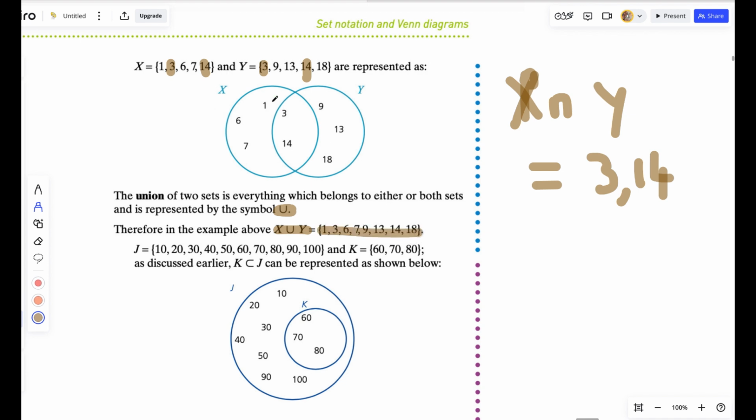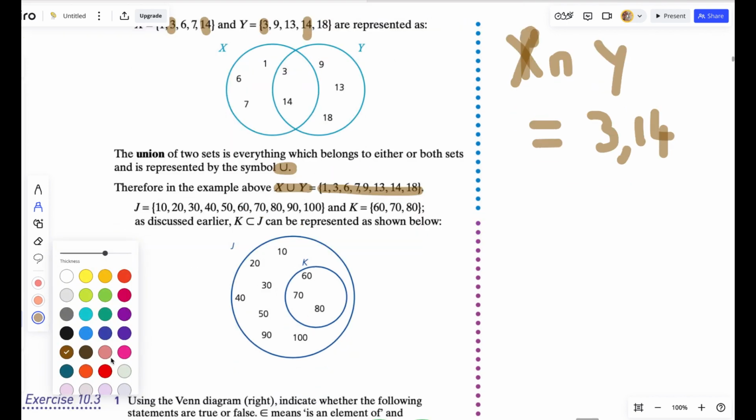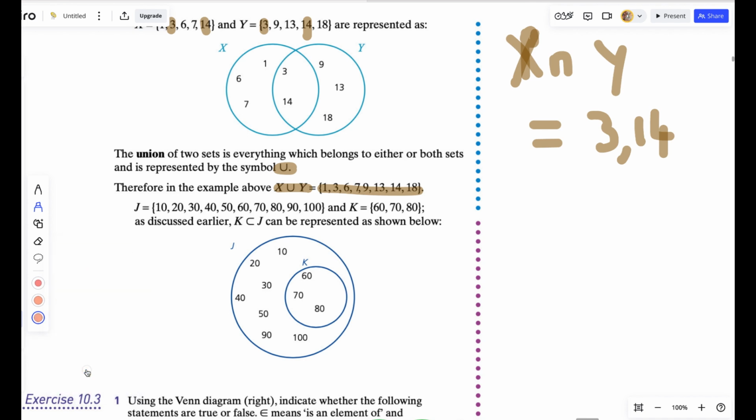So all the numbers that are here and here will all appear in the union. When they ask you to shade X union Y, we're going to shade the whole thing, this whole place. This is the union. Be careful when you shade so you don't shade outside.